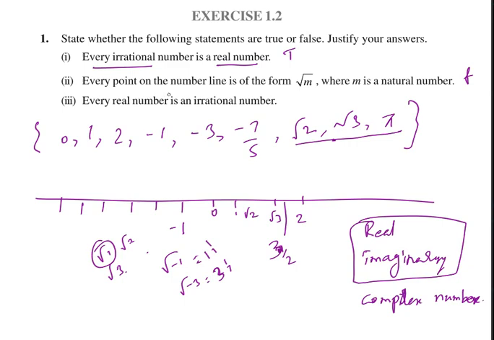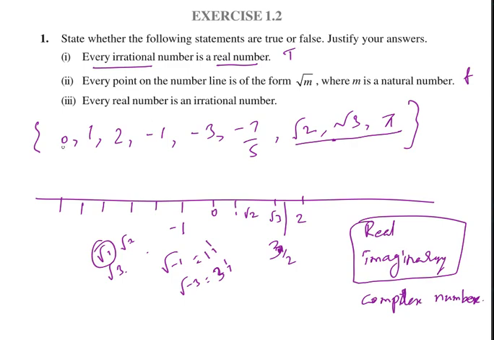Next one: every real number is an irrational number. What are all real numbers? All positive numbers, negative numbers, integers, zero, rational numbers, irrational numbers. All this collection is called the real numbers. So is the statement, every real number is an irrational number, correct?